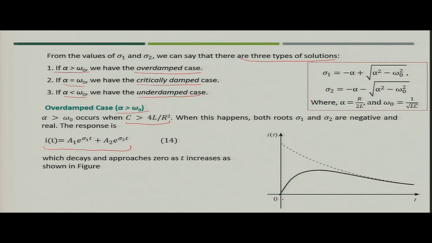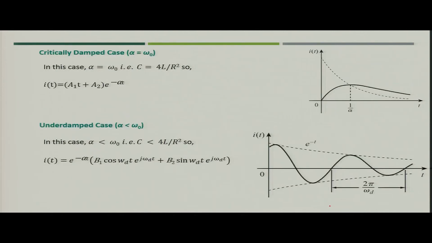If you plot the variation of current i with respect to time, the curve starts from 0 and eventually settles down. Because it is source free, it comes back to 0 as time t tends to infinity. The second case we discussed was alpha equal to omega naught, where the condition is that C is equal to 4L by R square.